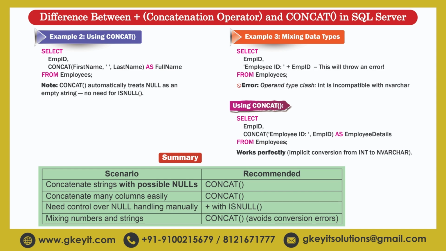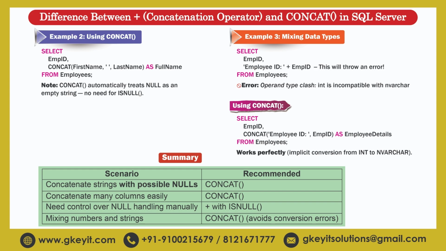For example, if you have different data types, let's see this with the concatenation operator. There is a query: select employee ID, employee ID plus employee ID from employees. This will throw an error: operand type clash, int is incompatible with nvarchar. Why? Because here employee ID is an int data type, whereas we are concatenating it with a string.